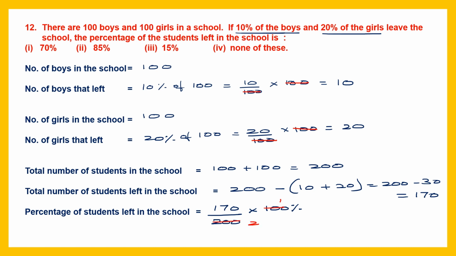Now we can cancel 170 by 2. So when you divide 170 by 2, you get 85. So here percentage of students left in the school is 85%. So this is our answer, and that is option 2. Option 2 is 85. This is our answer.